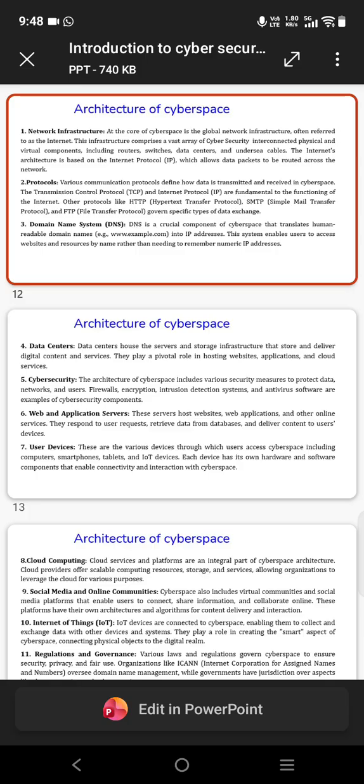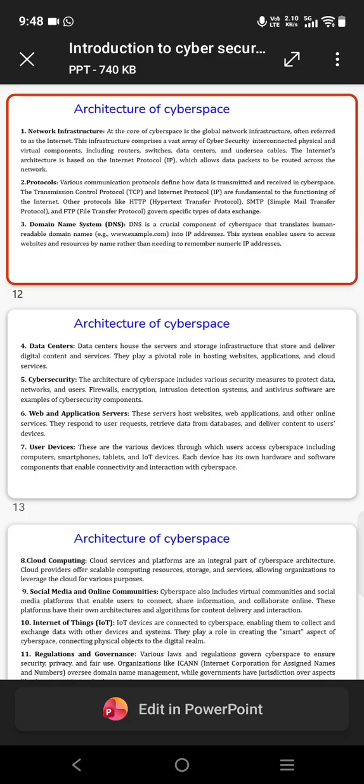These two protocols are fundamental to the functioning of the Internet. Other protocols like HTTP, that means Hypertext Transfer Protocol, SMTP, Simple Mail Transfer Protocol, and FTP, File Transfer Protocol, which give specific types of data exchange.